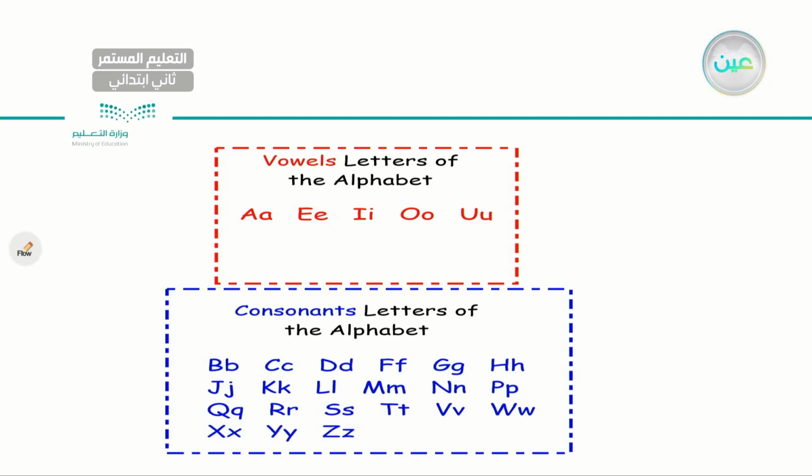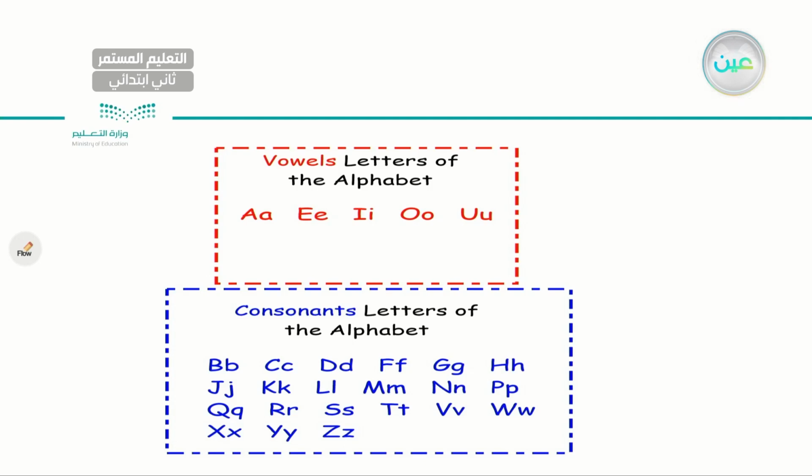Okay? Vowels are very important. Sometimes we have long vowels, sometimes we have short vowels. We will talk about this in our next lesson. Also, we have consonants, letters in the alphabet. Any other letter besides these 5 is considered a consonant.